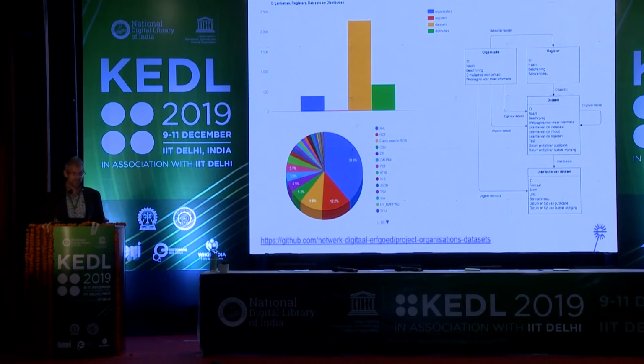Basically all that information is not really there. Organizations spend very little time on defining the data set and putting additional metadata to the data set itself. So that's a really big issue. And also data sets and organizations just should have a URI you can point a piece of software to.